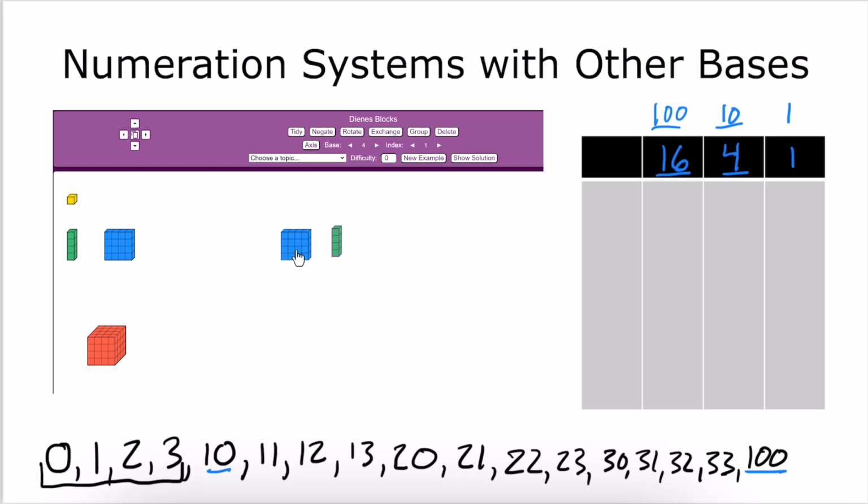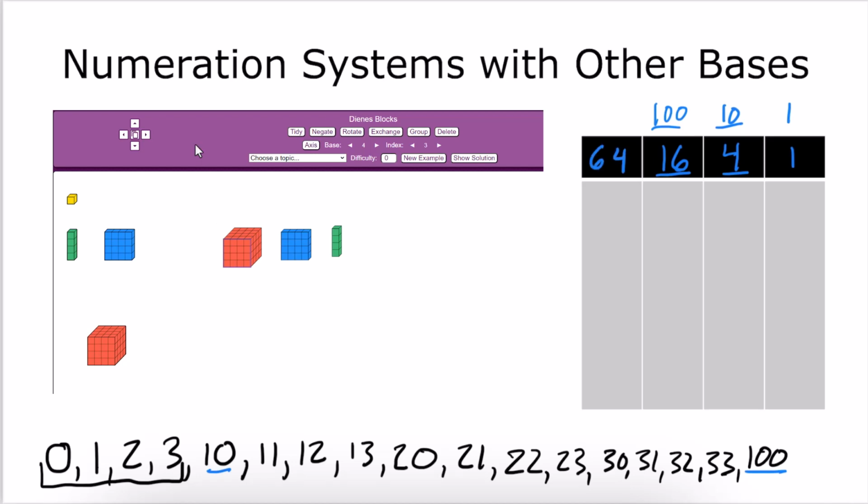But I'm going to write it out in base 10 numerals so that it's related to numerals that you guys are more familiar with. And we never counted up to this place value, but the next biggest place value would be 4 groups of 16. And if we multiply 4 times 16, that gives us the number 64.